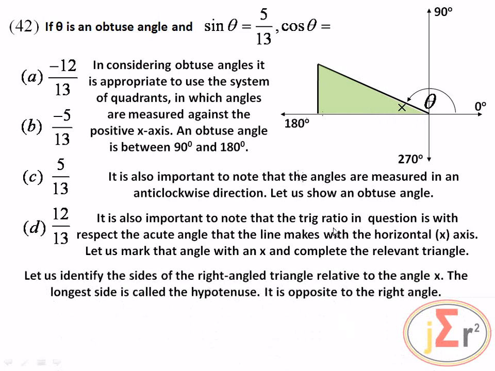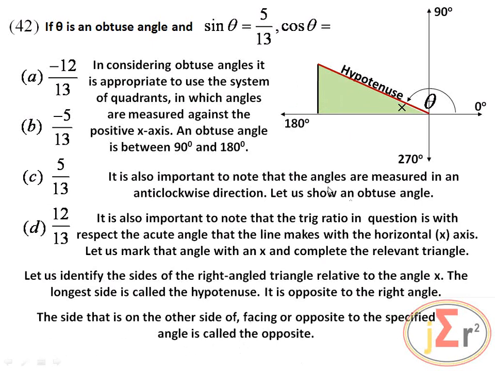Let us identify the sides of the right angled triangle relative to the angle x. The longest side is called the hypotenuse. It is opposite to the right angle. So there is our hypotenuse opposite to the right angle.